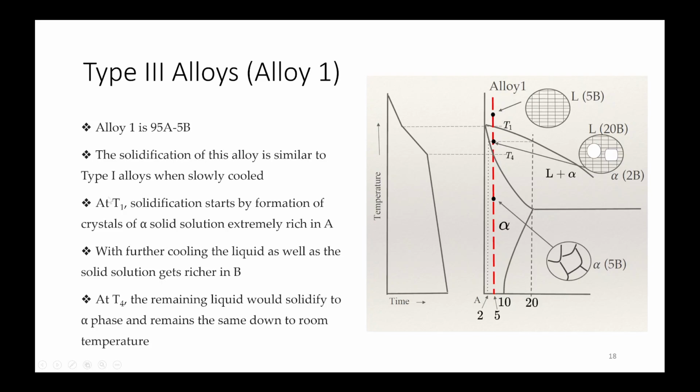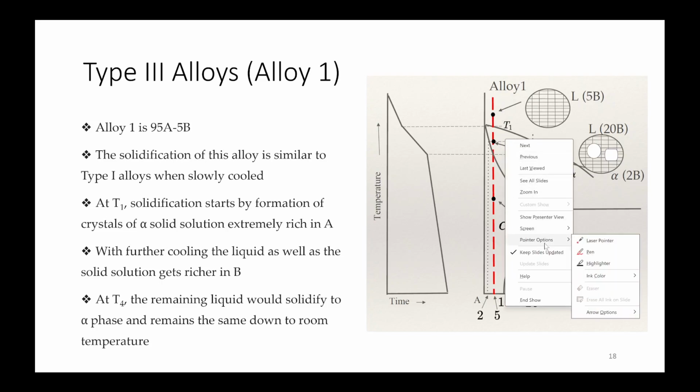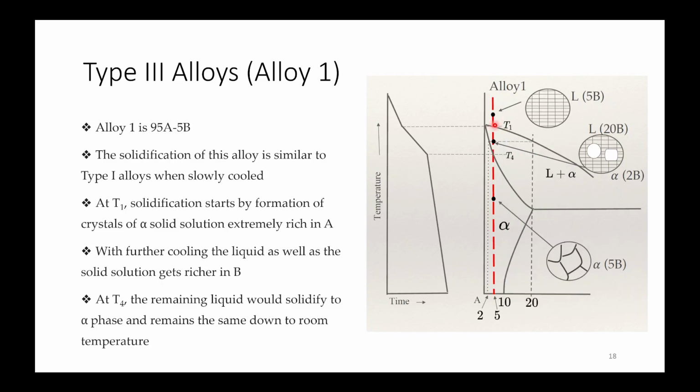In this case, the alloy consists of 5% of B, and the solidification of this alloy is similar to type 1 alloy. Type 1 alloy means it's similar to an isomorphous type of system. So at T1, your solidification will start.